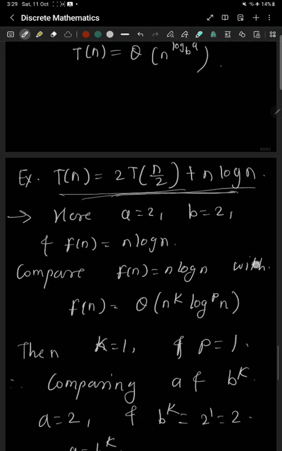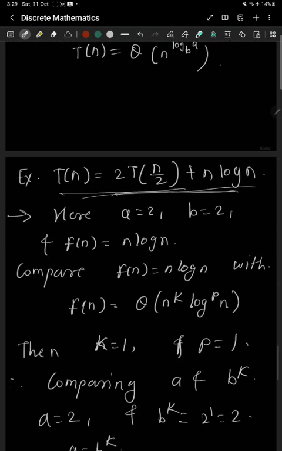This is the example: T of n is equal to 2 into T of n by 2 plus n log n. Compare this with the standard equation. Here 2 is a, here is b, and this is our f of n. Hence a is equal to 2, b is equal to 2, and f of n is equal to n log n.